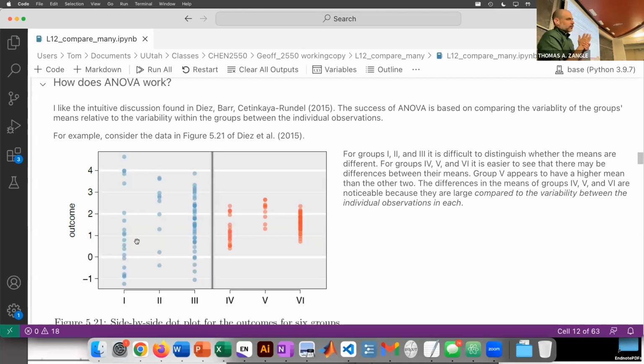So maybe that gets an answer to your question: we're not yet considering any one individual mean. We're looking at a summary of how the mean of each group compares to the overall variance within the population.